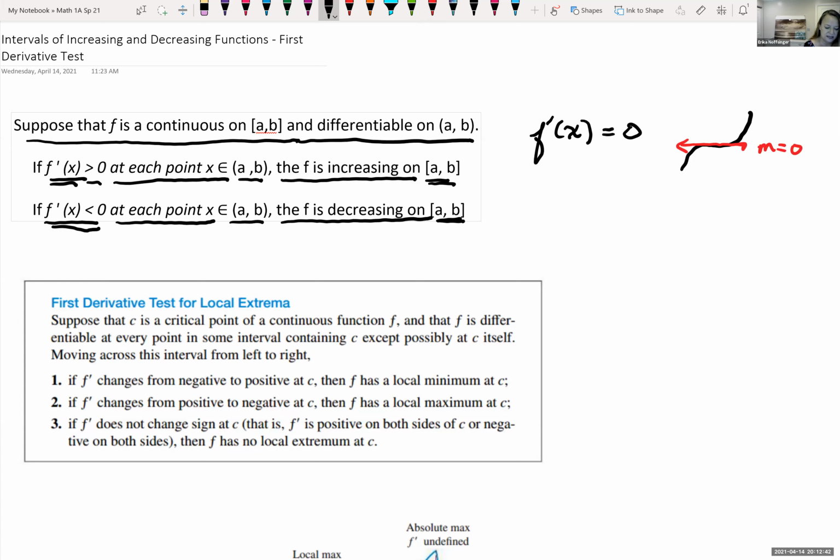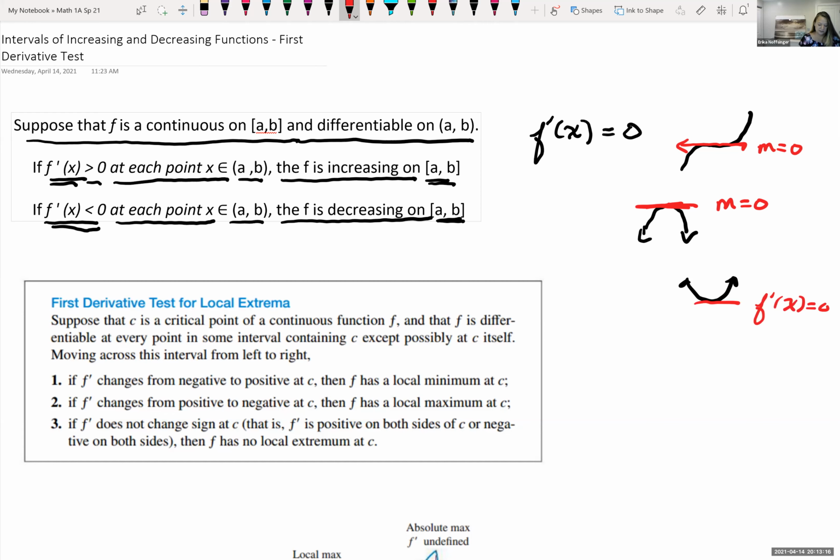We found that if we had a maximum value and we took the derivative at that maximum value, the slope of that tangent line there was also equal to 0. Same thing with a minimum. And so we're going to use this fact to help us find max and mins and to help us graph these functions.